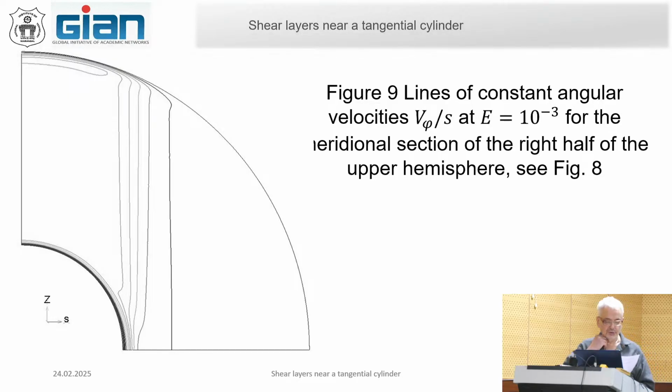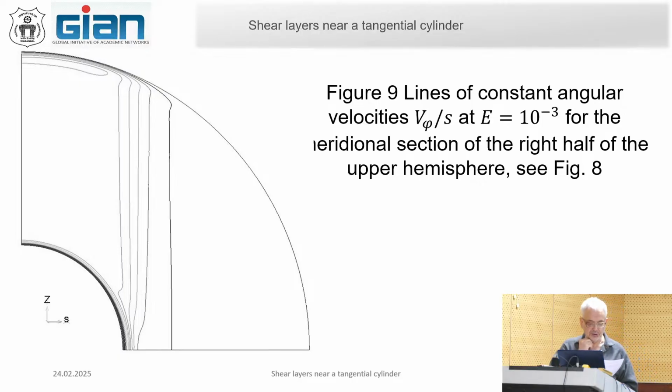And actually you can see the problem which is stated in this course for you. The structure of the boundary shear and equatorial layer becomes clear already at Ekman number about 10 to the minus 3. It is especially clearly manifested through the lines of constant angular velocity, which are shown in the following figure.